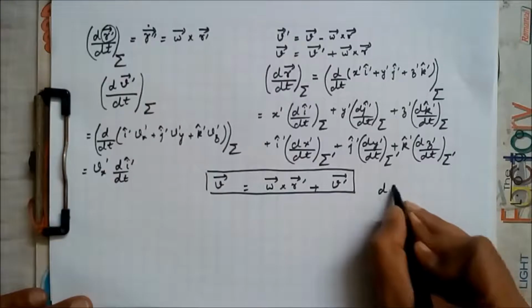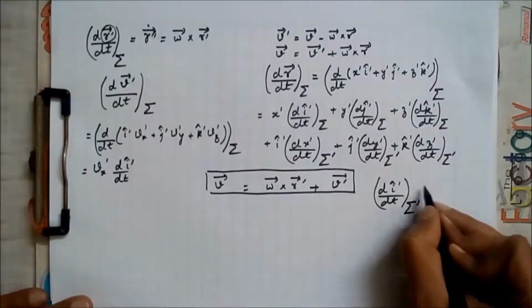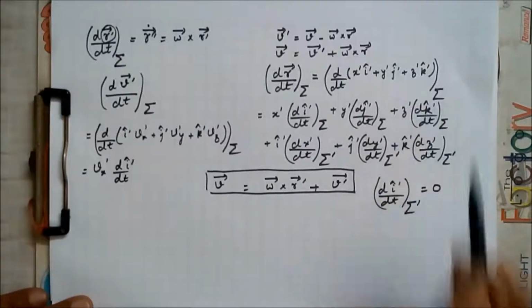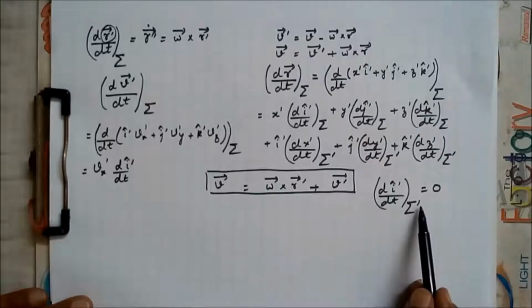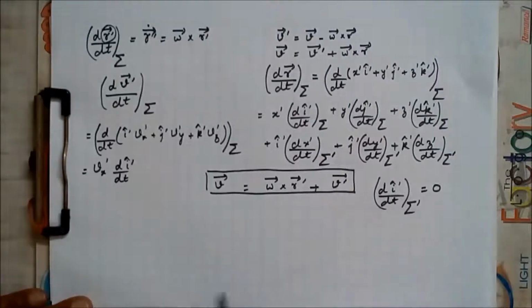That is, d i cap primed over dt as done from the primed reference frame will just be 0, and so will these quantities, because from the primed reference frame i cap primed, j cap primed and k cap primed are all constant vectors.